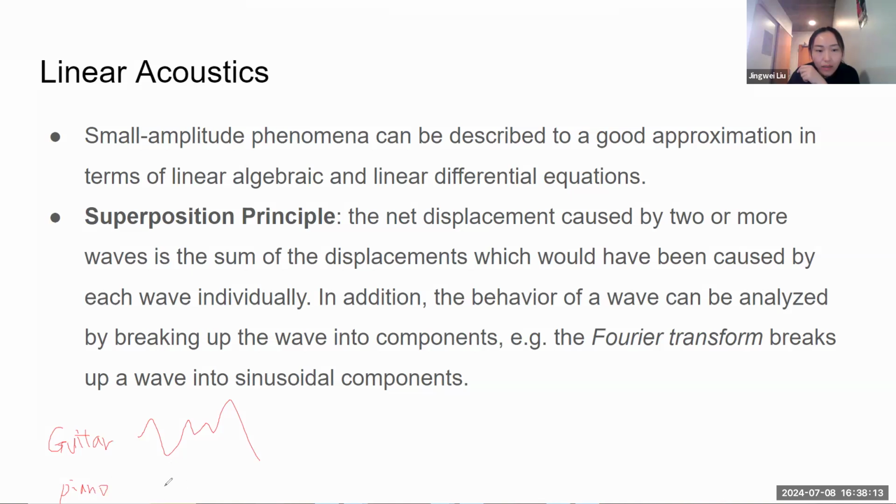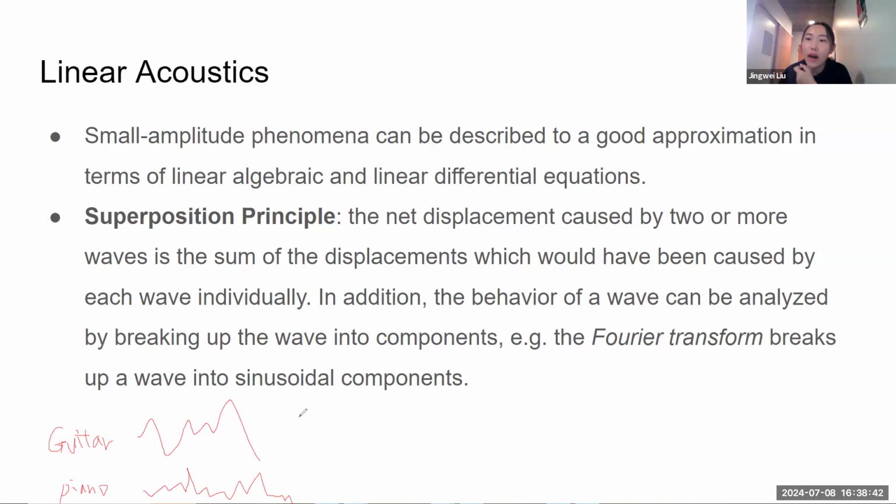The piano has a different kind of wave, maybe the same pitch, maybe not, but there are two different waves produced by two different sound sources. The guitar and piano are vibrating at the same time. Therefore, when they propagate in the air, they will meet each other and mix with each other.